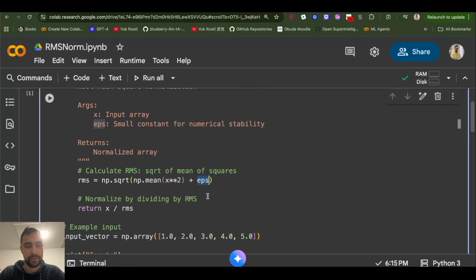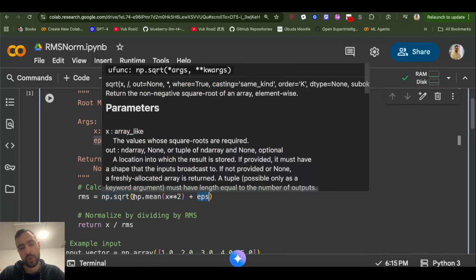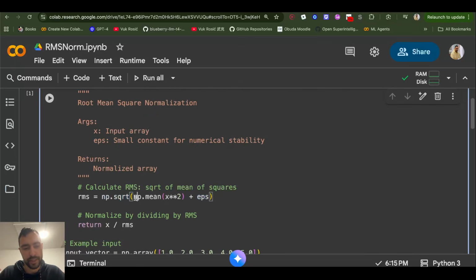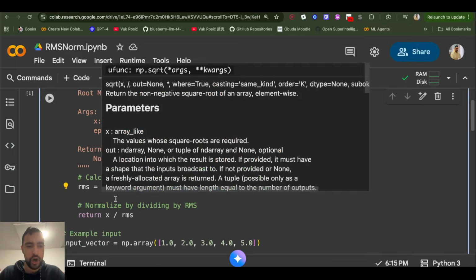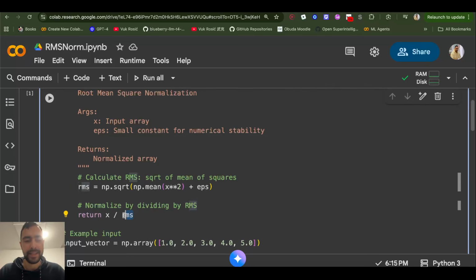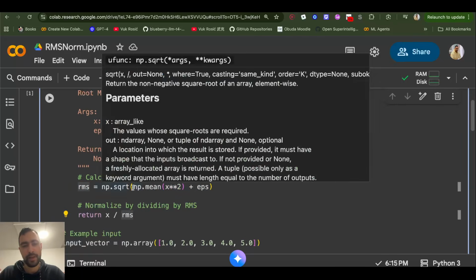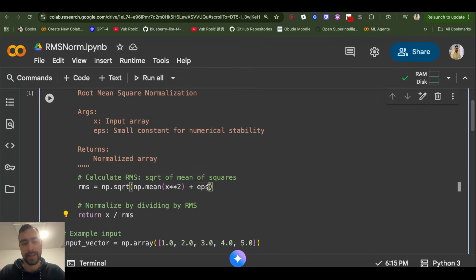This is not for division then. This is so we don't do the square root of 0, although that also exists. So maybe this is the practice here, but I would guess it would work without adding a small epsilon as well. Oh, no, because we are dividing here with this number. So if we take the square root of just 0, it will be 0. So then we will divide by 0. That's why we don't want to take the square root of 0, we want to take at least some small number.